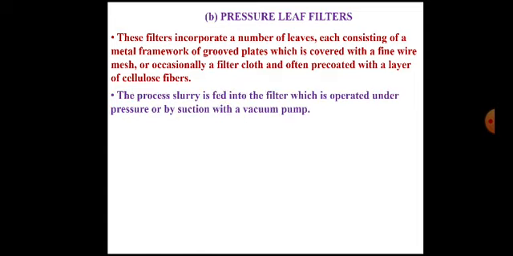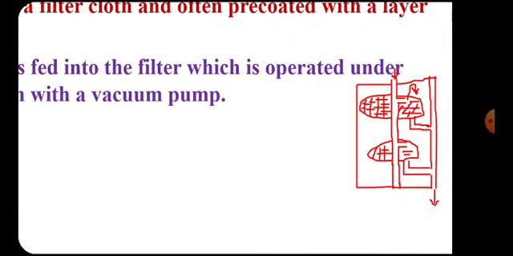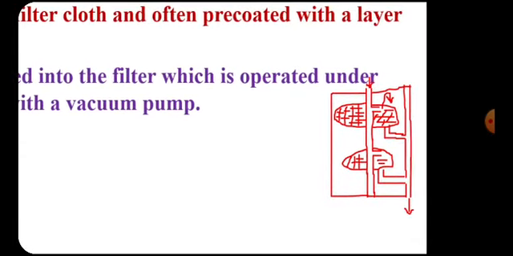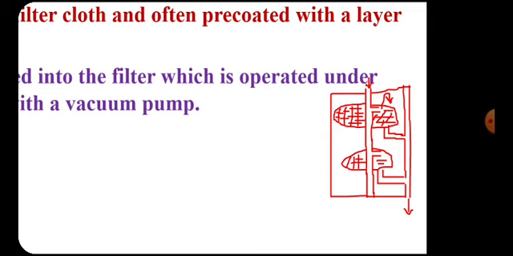The process slurry is fed into the filter, which is operated under pressure or by suction with a vacuum pump. In general, I have prepared a diagram. You can see the leaves, the circular discs or leaves, which are covered with a pre-coat of cellulose, and at the bottom there is filter cloth.